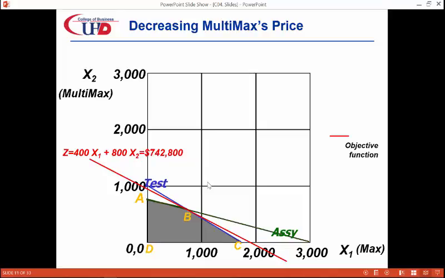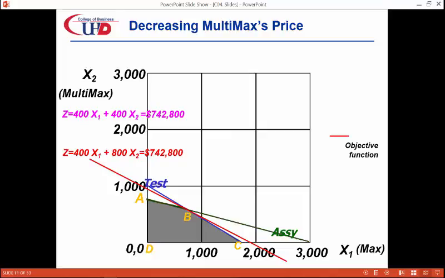Now, what's the new profit margin for Multimax? $400 instead of $800. So if we still want to get the same level of profit as before, how should the corresponding ISO profit line look?